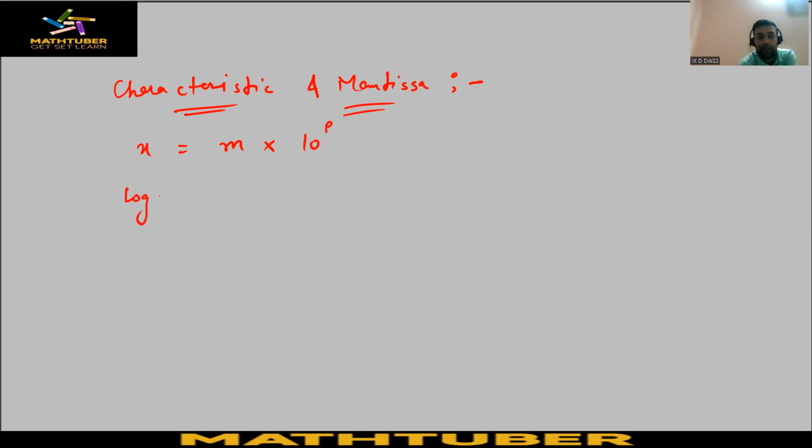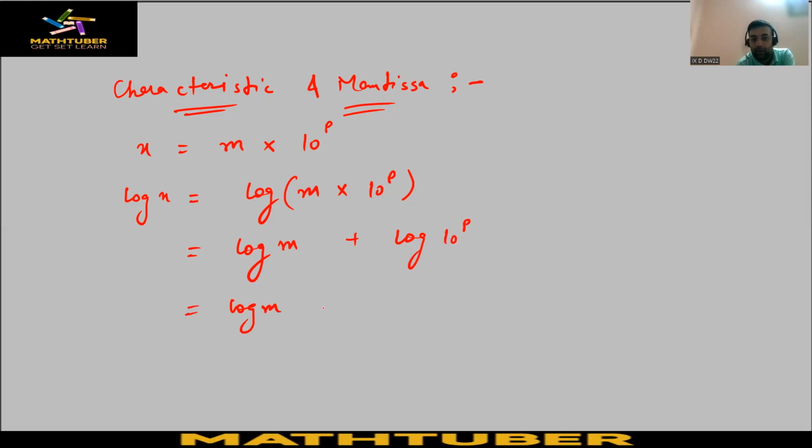So to find out the log, we have to take log both the sides. So it will be log of m into 10 raised to power p. And according to the law of logarithm, we can write it as log m plus log of 10 raised to power p. Now this log m will be written as it is, and this power will come in front here, and this will become log 10. And we know that log 10 is always 1, so it will be p.